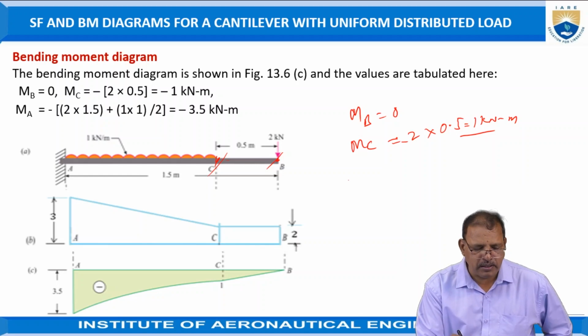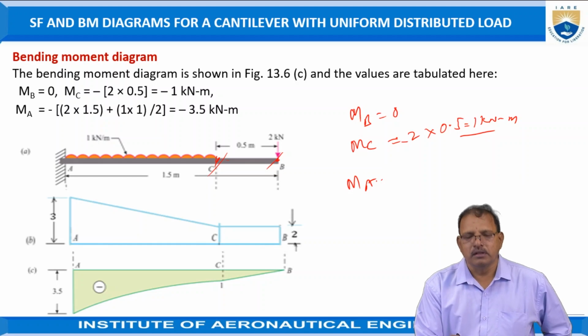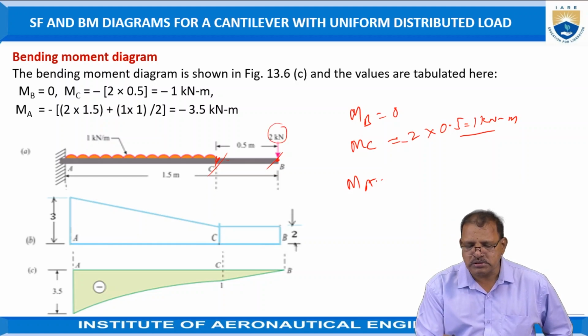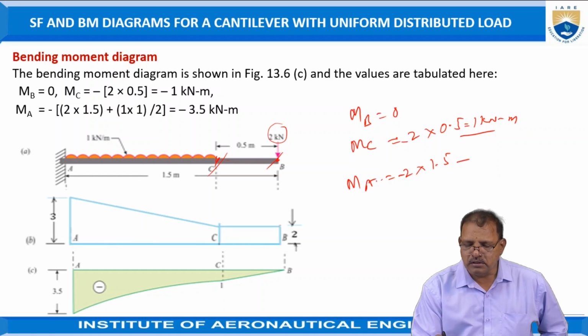Similarly, the bending moment at A is the sum of the bending moment created by the point load, the 2 kilonewtons into a distance of 1.5. It is negative because of the hogging effect.